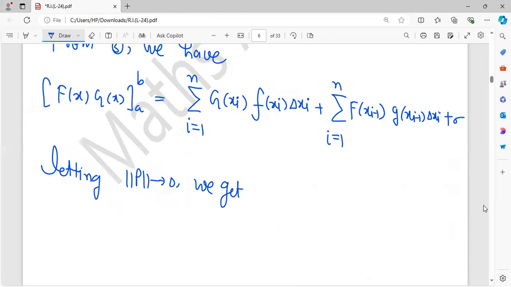So norm P tending to 0, this is the Riemann sum of the function G into f, and this is the Riemann sum of capital F into small g. Okay. Now I would like to write one line.